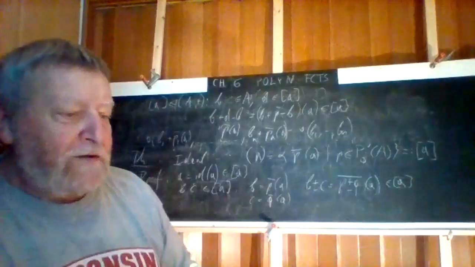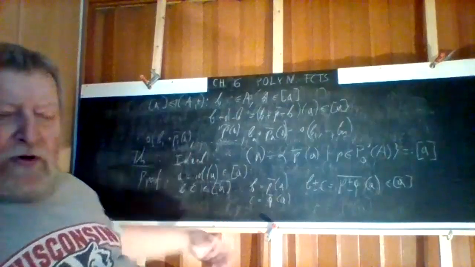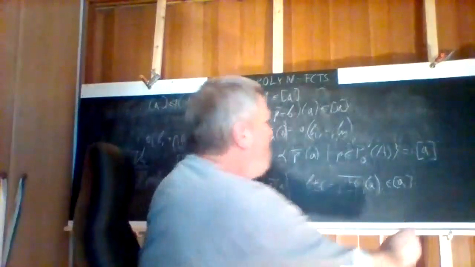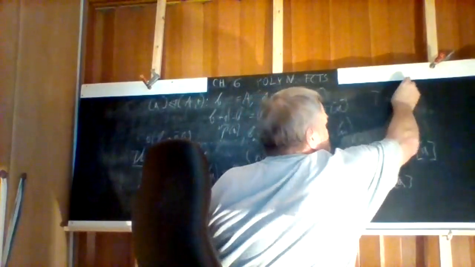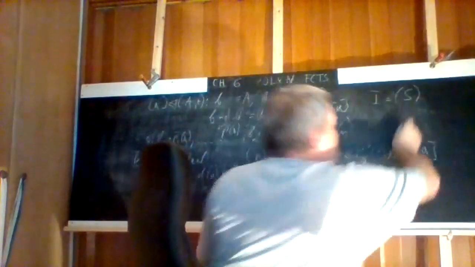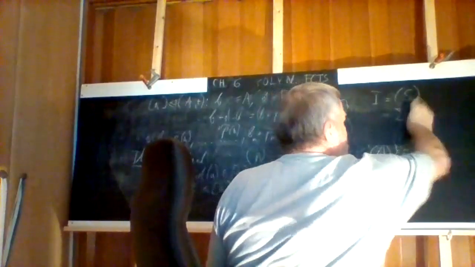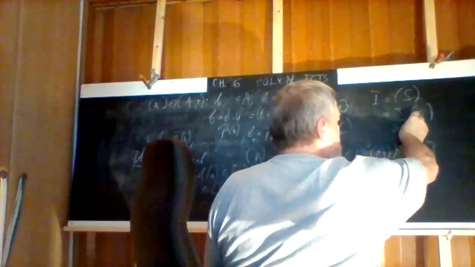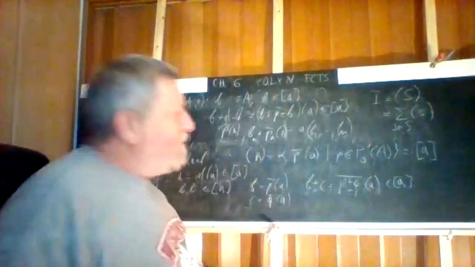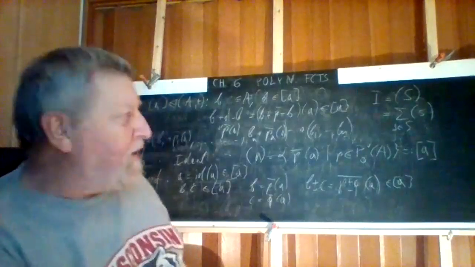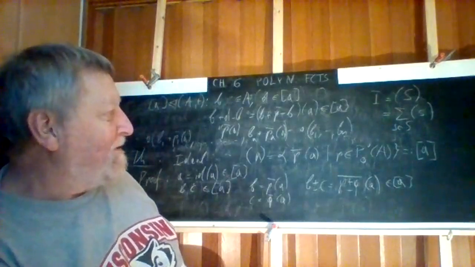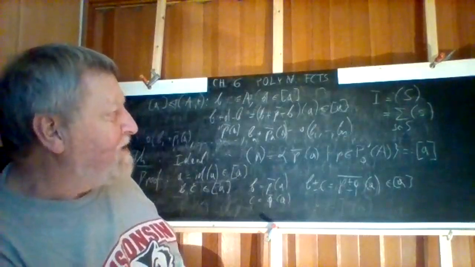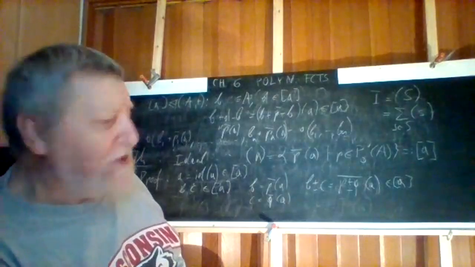We can look at ideals generated by more elements, because if you have an ideal I which is generated by a set S, then this is simply the sum of all principal ideals of s, where s is in S. So if we manage to know what's in the principal ideal, then we can use this for describing generated ideals in general.